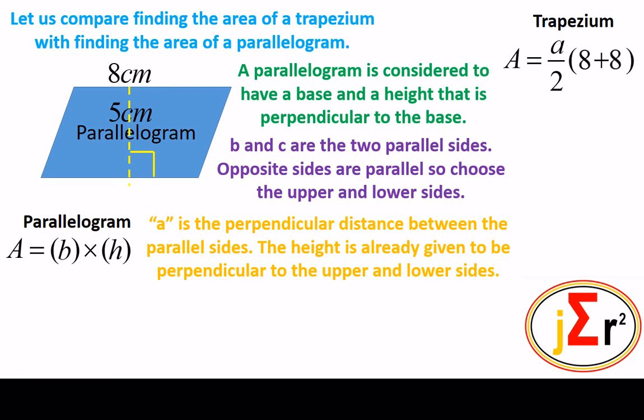But we are using these two parallel sides for the intents and purposes of finding the area of the parallelogram, which we are finding under the assumption that it is a trapezium. These other two sides are also parallel, but we are not focusing on those two sides.